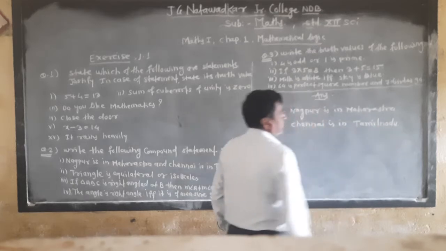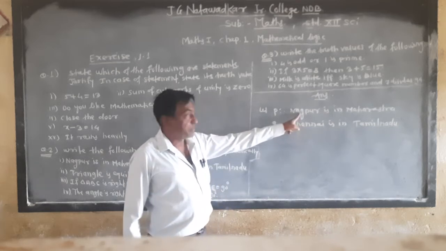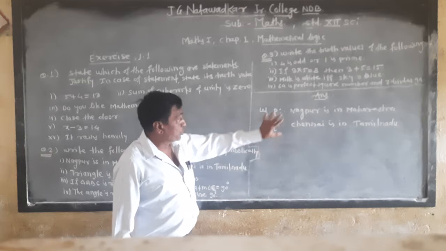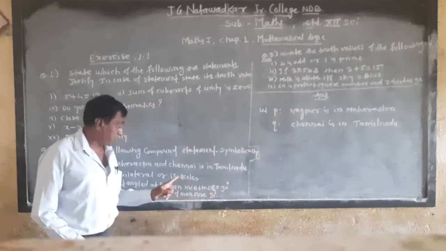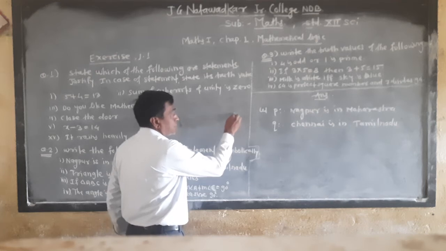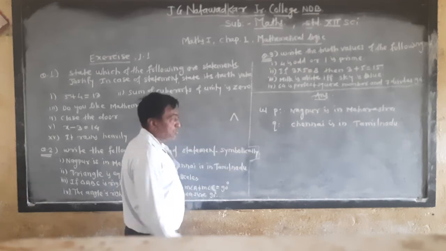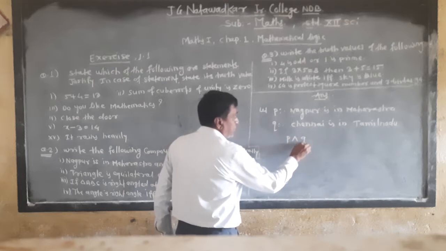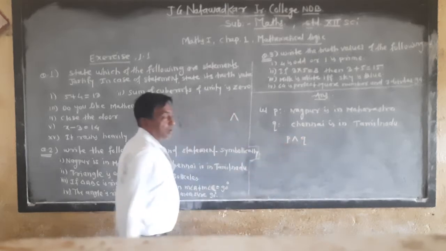I will denote this statement as P and this statement as Q. Both statements are connected by the connective "and". The symbol for "and" is the conjunction, so our required answer is P conjunction Q. This is the symbolic form of the given statement.